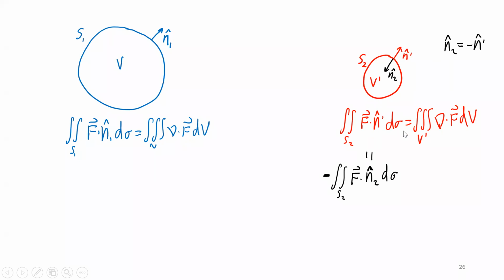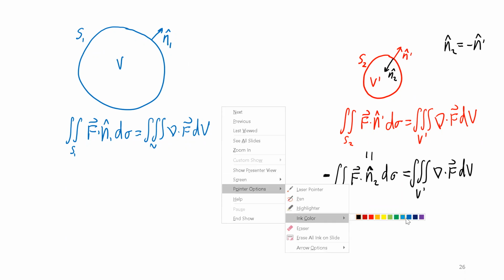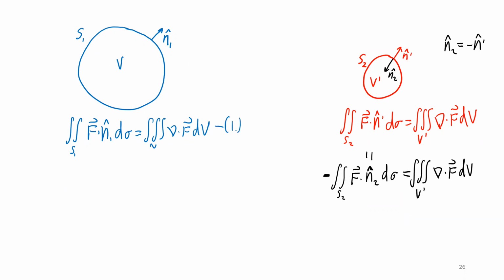So that's why this one is equal to this black term here. On the right-hand side, nothing is changed. So here I got one equation, in blue, which I call 1. And on the right-hand side, I got this black equation, which I call 2.